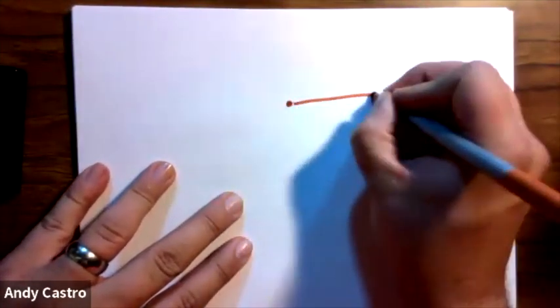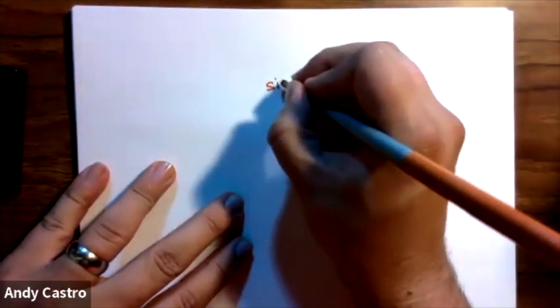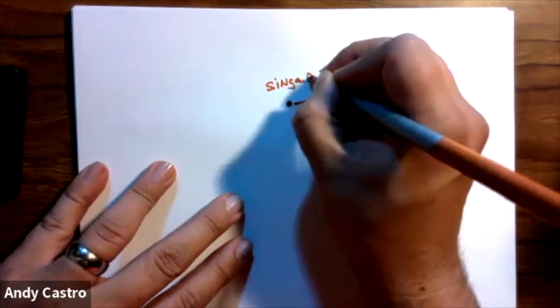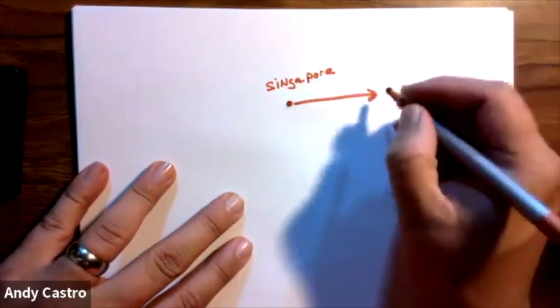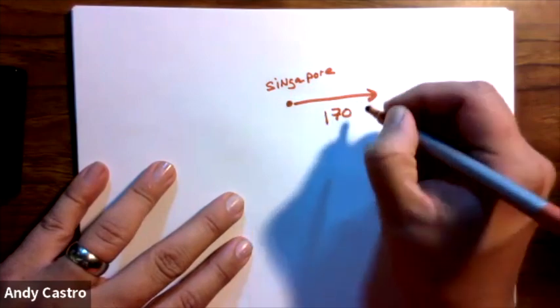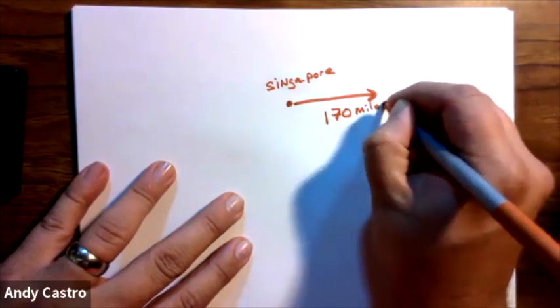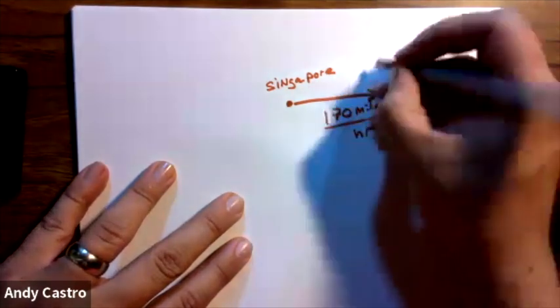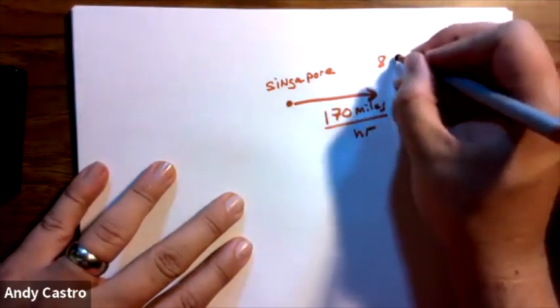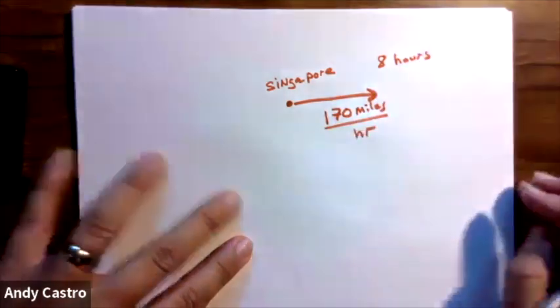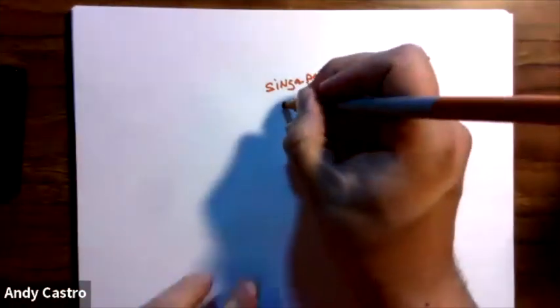All right, so I'm going to do the same. We're going to go a little bit more complex here. I'm going to do the same kind of scenario, except I'm going to change one little thing and ask a different question. So the first plane is going to leave Singapore, just like we did in our first problem, traveling at 170 miles per hour. And it's going to travel for 8 hours. The other plane is going to leave sometime later.